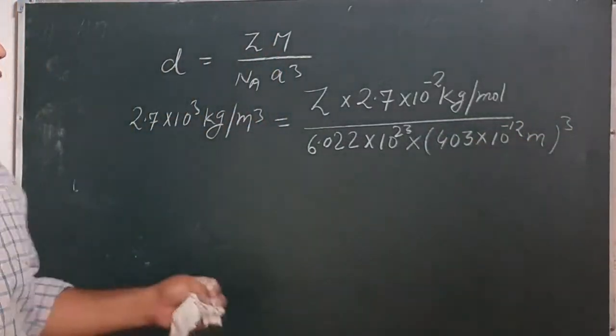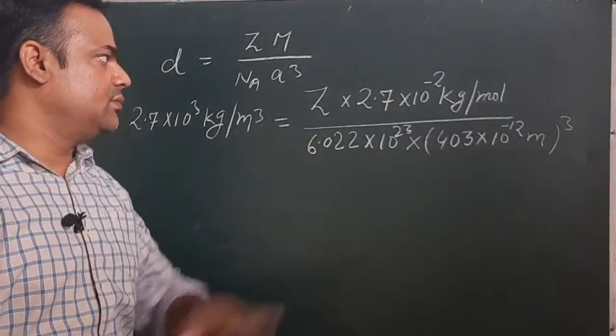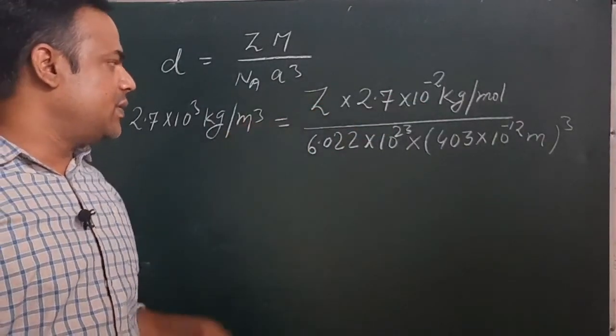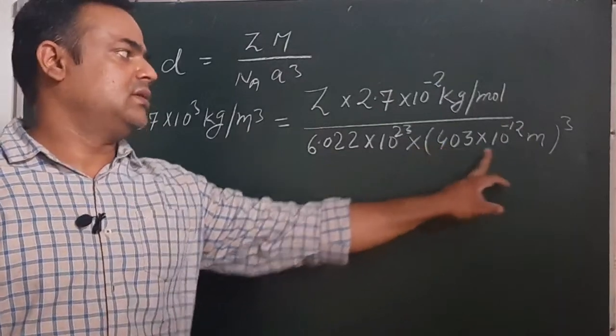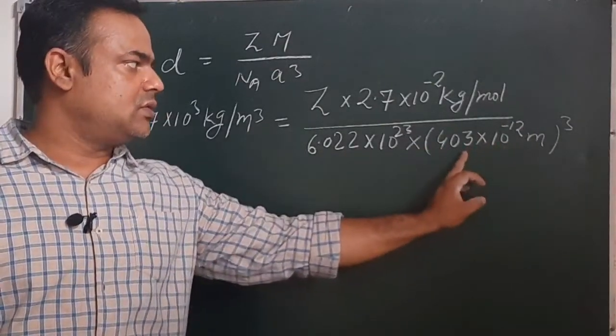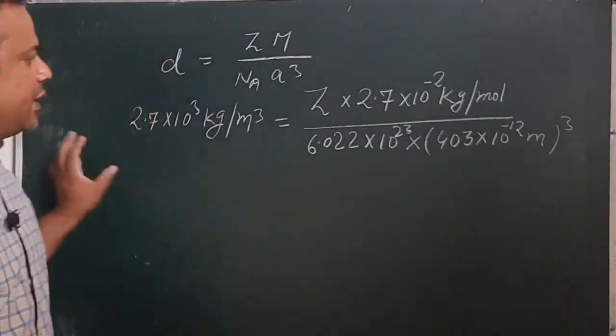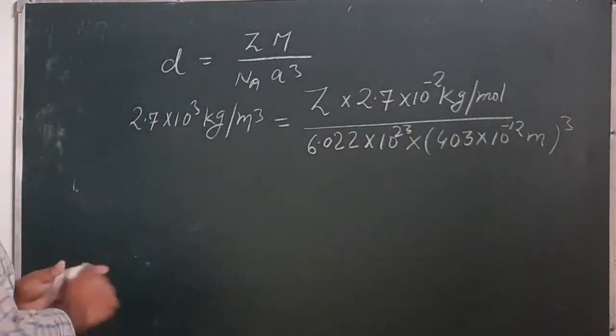Now if we see, all the values are in SI system. This molar mass is also in SI system. This is a number, and distance or edge length is also written in SI system.